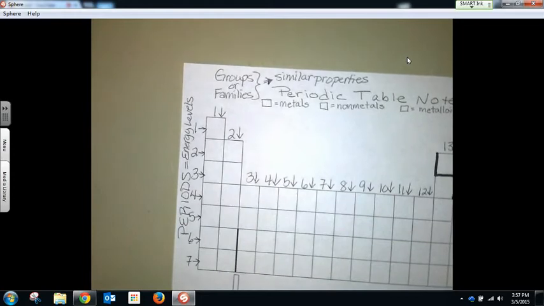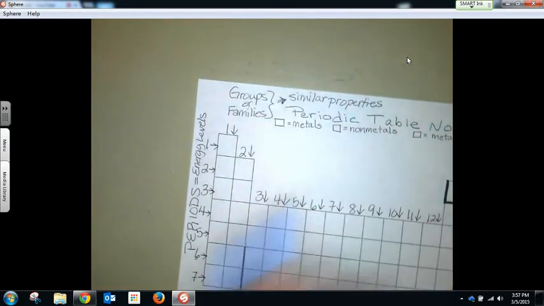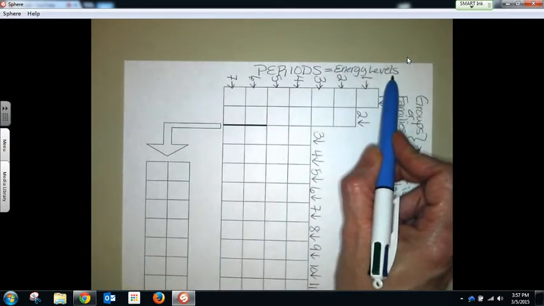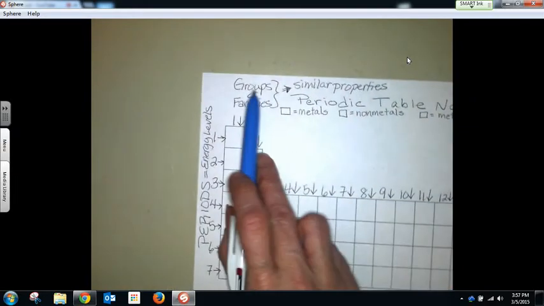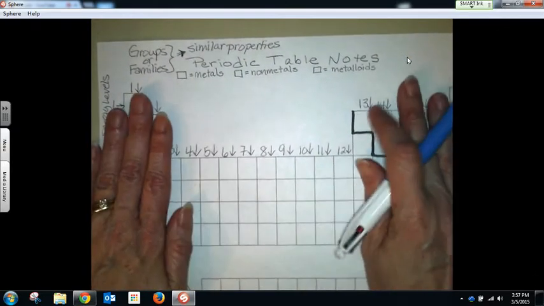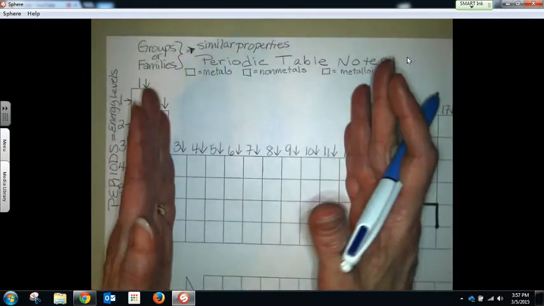Now, just like periods told us the number of energy levels that the atom has, the group number for the two towers tells us something else. Notice you have a tower here and a tower over here, kind of two big towers, with the middle being kind of like a bridge.